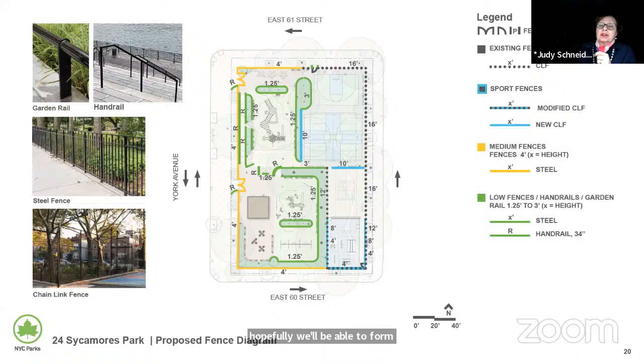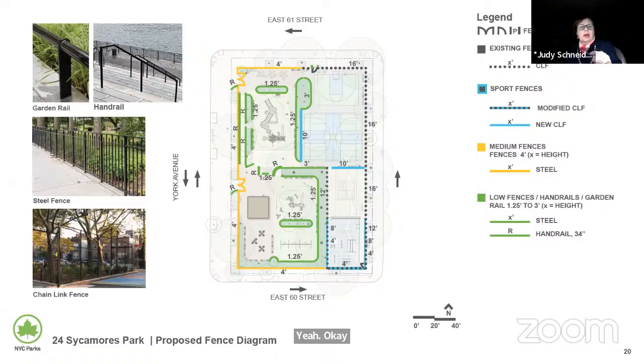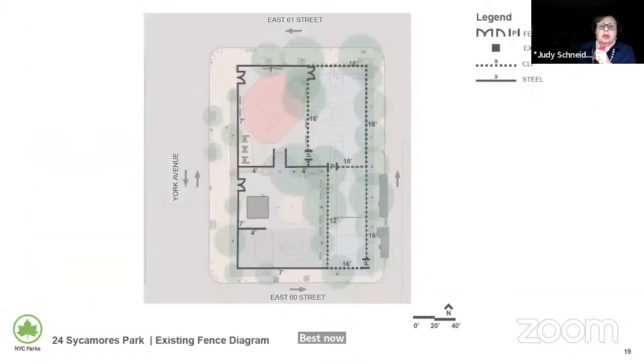I tried this once before, it didn't happen. And if they're looking after the park, I suggest maybe putting the vines on the fences, maybe in certain locations, because vines have a tendency to get really out of hand, depending on what you plant. We're going to look carefully at which species, if any, before doing that. I want to talk to our plant experts, our landscape construction unit, about what they think is best. Okay, great.